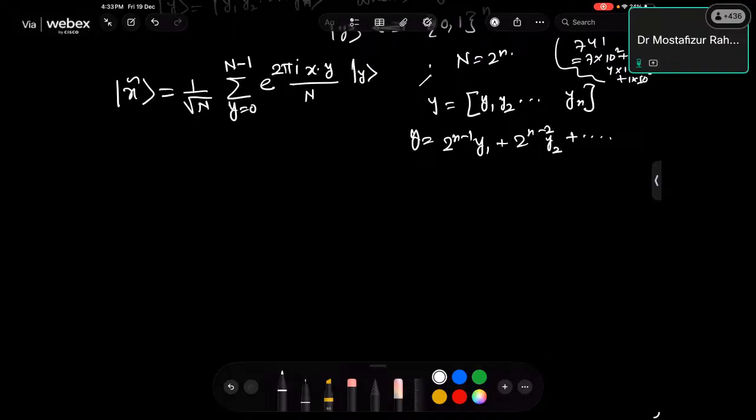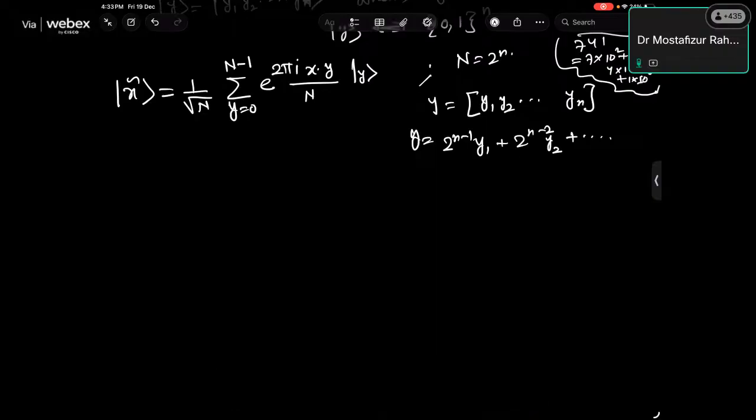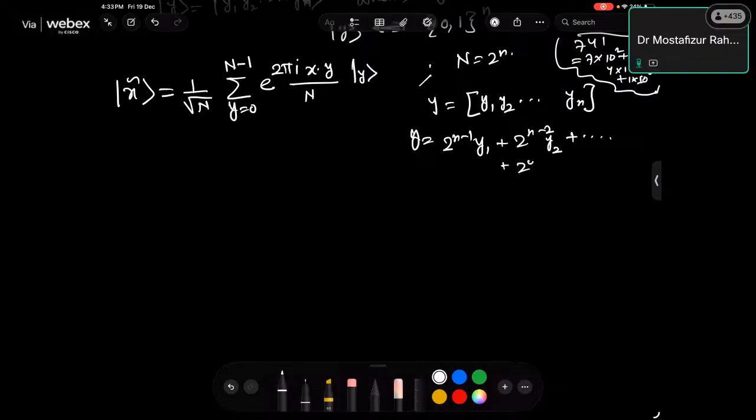So this way we represent a decimal number. Similarly, any binary number you can expand in this way, plus 2 to the power 0 times yn. This is how we represent binary numbers, right?